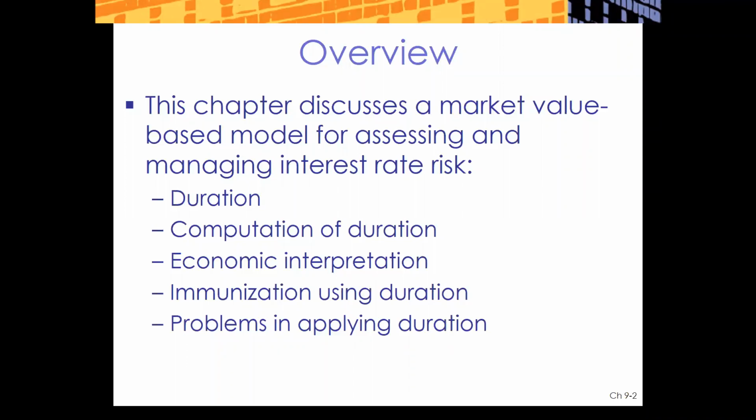So what could be done to solve those problems? If we know how to use duration and how to calculate it, how do we immunize the balance sheet itself? But there are some issues that need to be solved in order to proceed with the economic interpretation of the financial position of the financial institution.